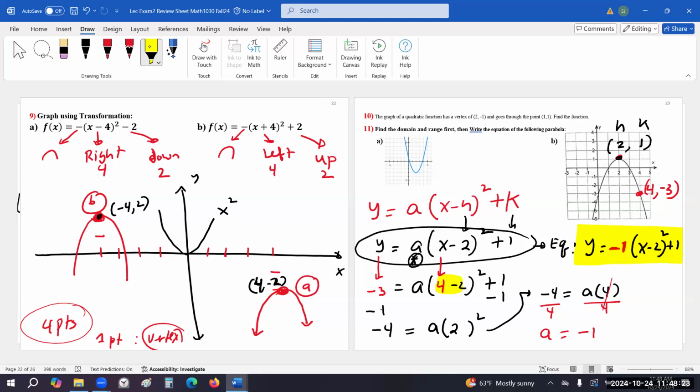They might give you a written description with X, Y, and vertex, or they might give you a parabola. You just take one point from the parabola and the vertex, and replace everything into this format. So you must memorize this format. Replace everything, solve for A. Once you solve for A, you replace A and the vertex in the equation, and you're done.